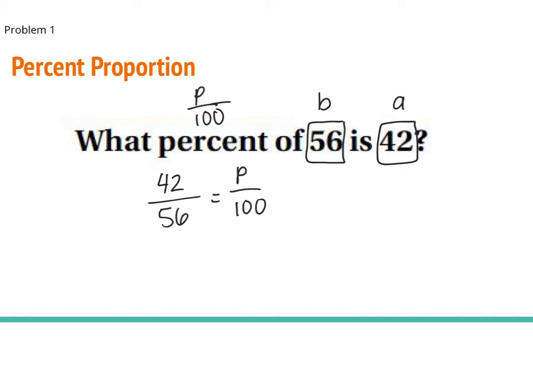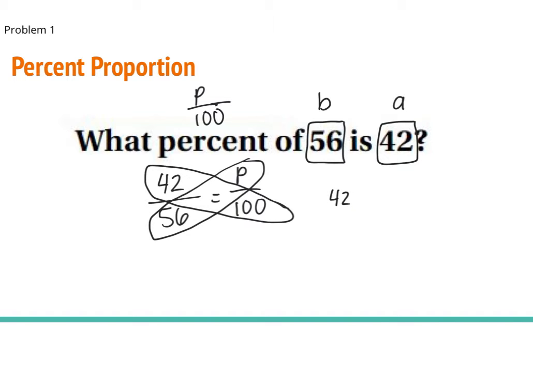So the whole portion is on the bottom. That's our B. Then we cross multiply with the P, and we take 42 times 100, which equals 56 times P. Again, same thing.